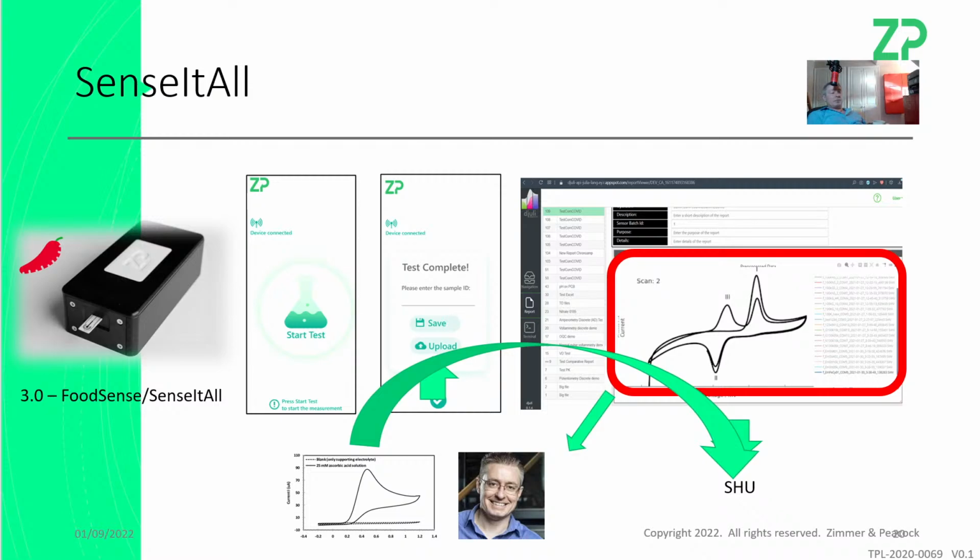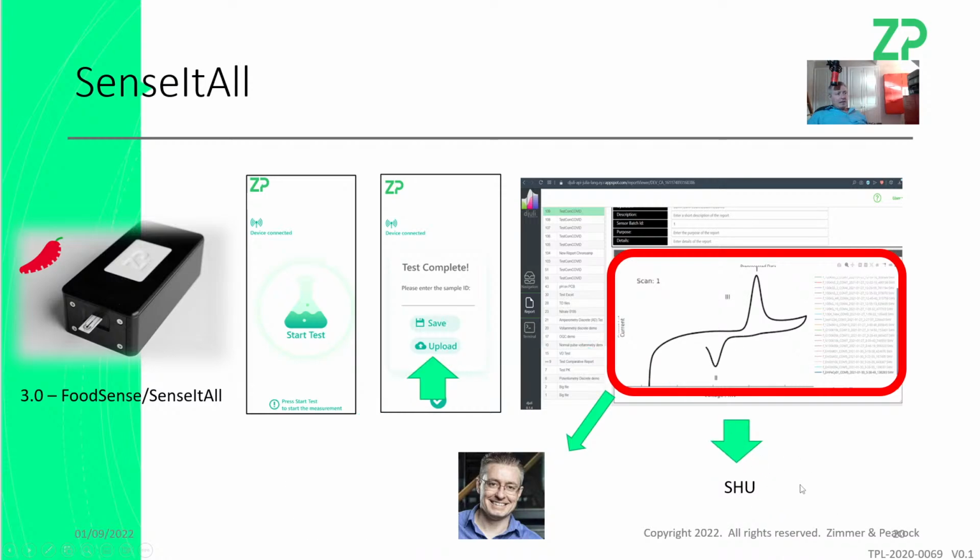But you can confuse it by putting extra molecules in there. So interference on sensors is not unusual. What's unusual about FoodSense 3.0 or SenseltAll is that we'll be able to see those interferences and then advise on why the result is the result, because there's ascorbic acid in there, or there's gingerol in there, or there's an interference from garlic, for example.